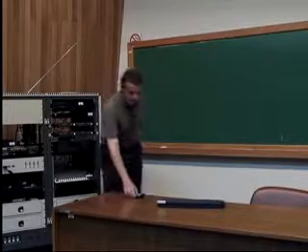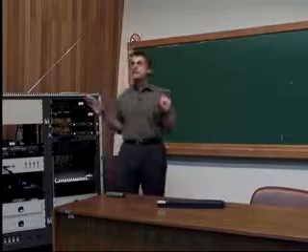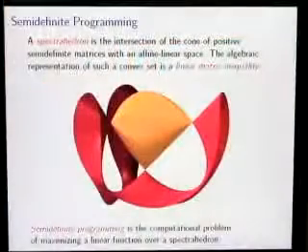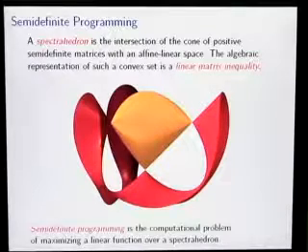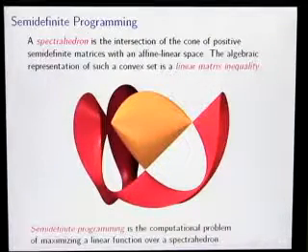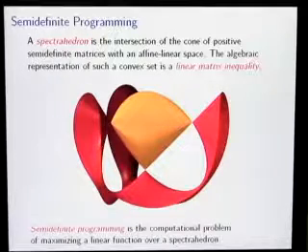Now here is a picture of such a spectrahedron. We are in the 6-dimensional space of symmetric 3 by 3 matrices. I take the symmetric 3 by 3 matrices and cut them with a 3-dimensional plane. The intersection of this 6-dimensional ice cream cone with the 3-dimensional plane is this yellow object.